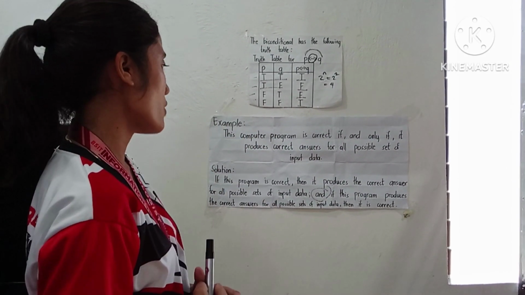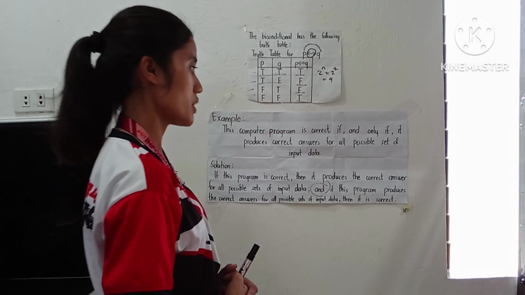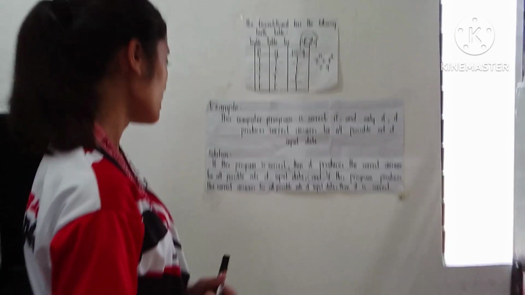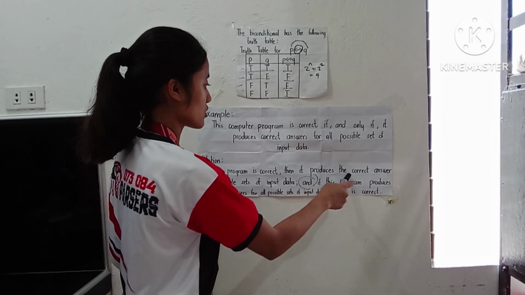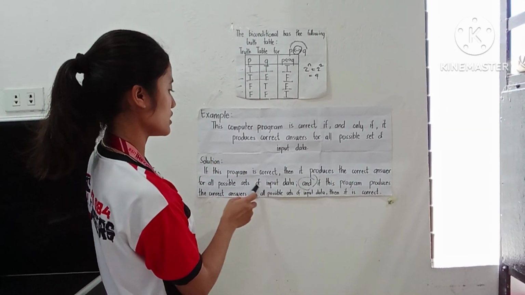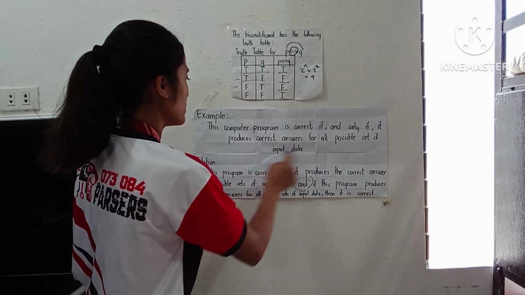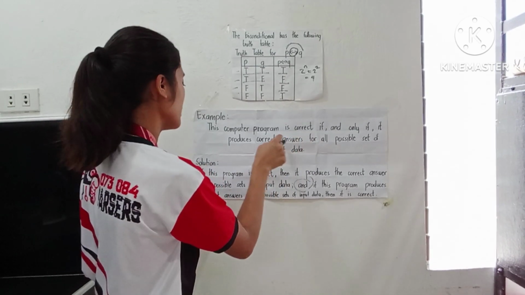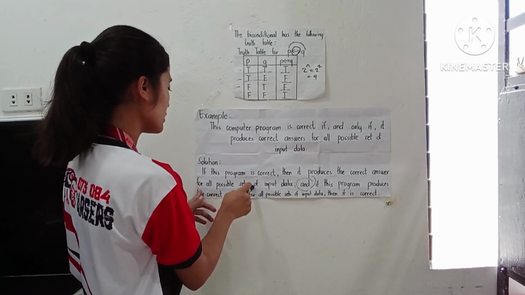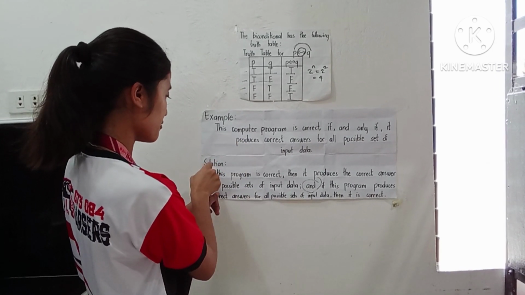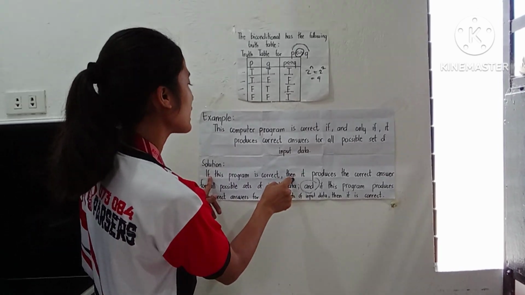Example: this computer program is correct if and only if it produces correct answers for all possible sets of input data. Solution: if this program is correct, then it produces the correct answers for all possible sets of input data. This statement is a biconditional, and we're going to convert this into if then. We use if and then.